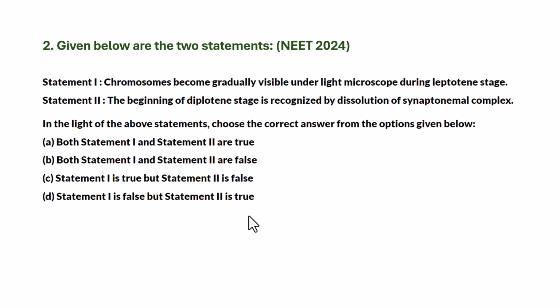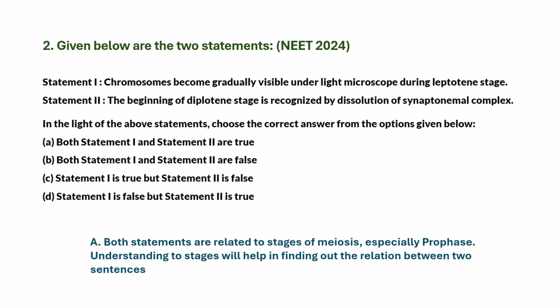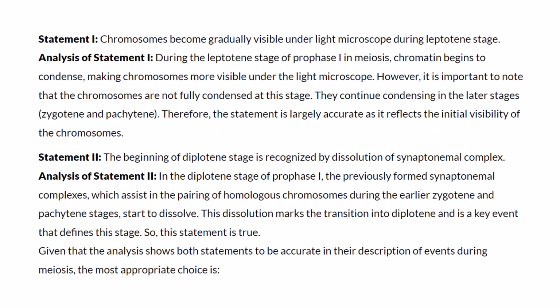So let's see the explanation. The answer is A, where both the statements are true and they are related to a stage of meiosis, especially prophase. In statement 1, chromosomes become gradually visible under the light microscope during the leptotene stage. This tells that during the leptotene stage of prophase 1 in meiosis, chromatin begins to condense, making chromosomes more visible under the light microscope.